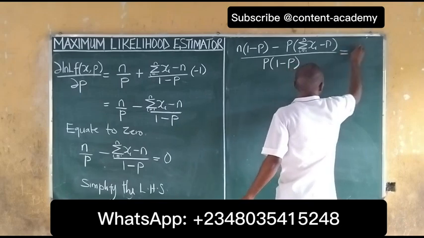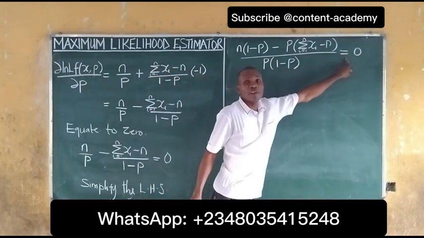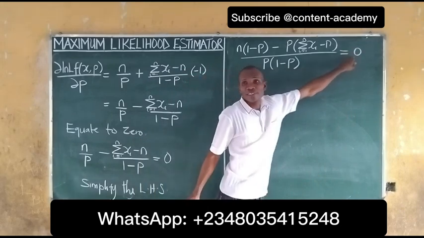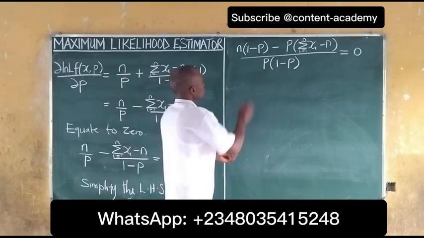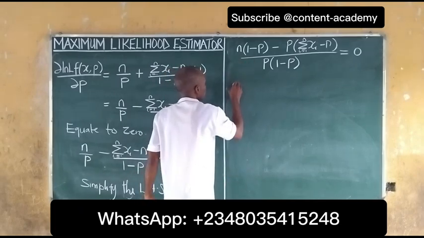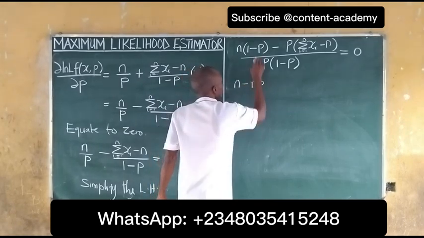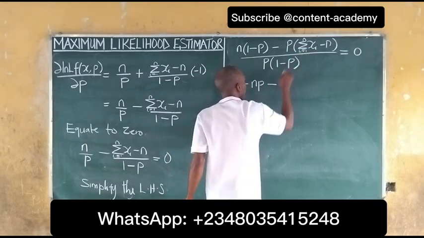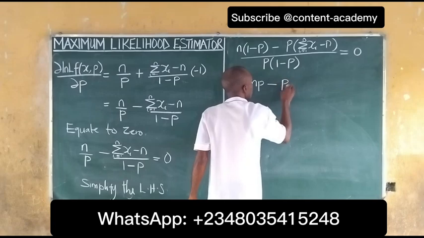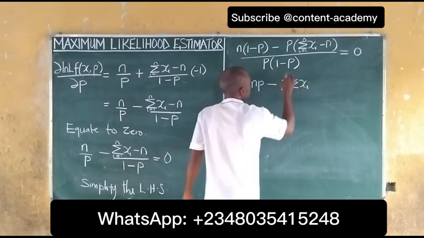Of course, nothing has changed. So now if we cross multiply, we see that this will multiply 0 to give 0. So the next thing for us to do is to open this. To open this, you have n multiplied by 1 is n. n multiplied by negative p is negative np. Now, negative p multiplied by this, you have negative p summation xi.